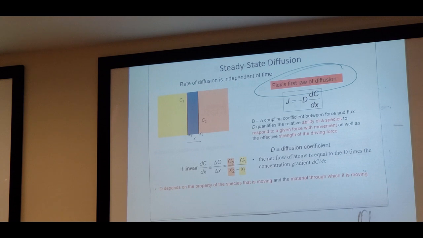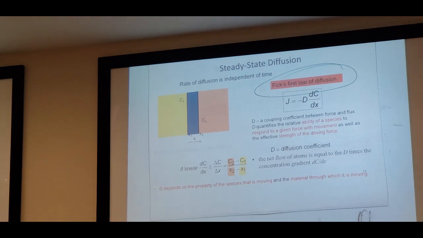No. Very good. There is no change in the concentration once the steady state is reached. Once the steady state is reached, there is no change in the concentration with respect to time, and that's the whole reason why we say that it is the steady state.